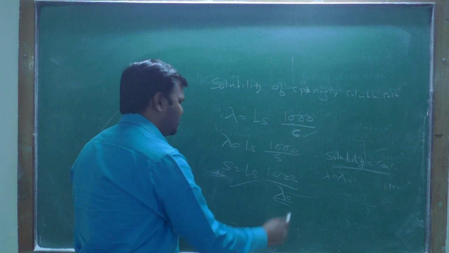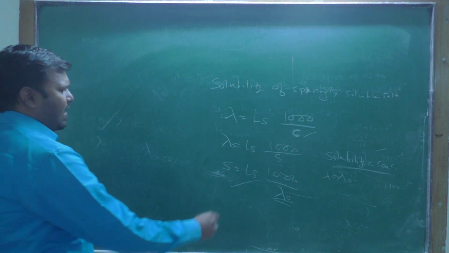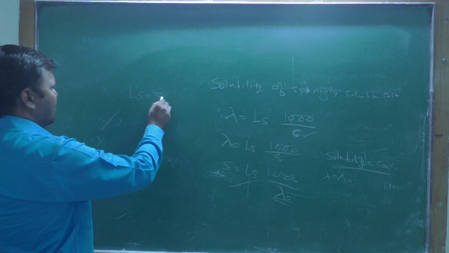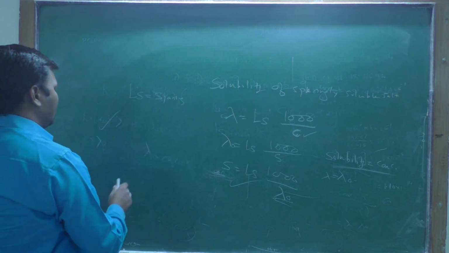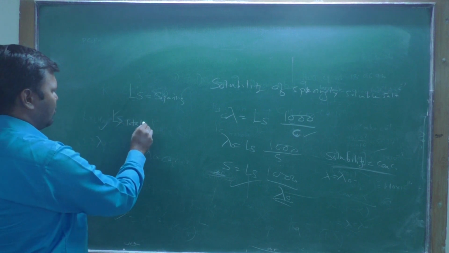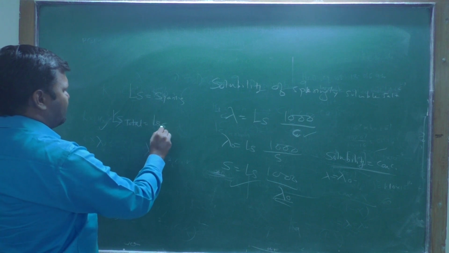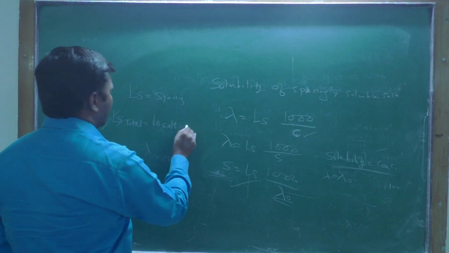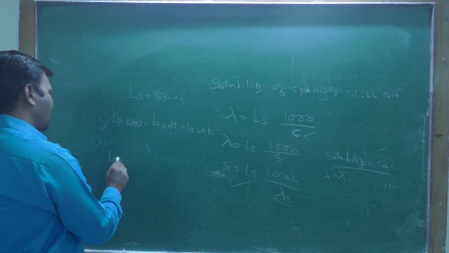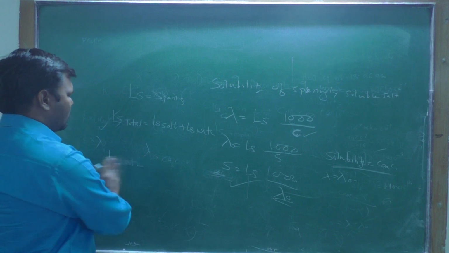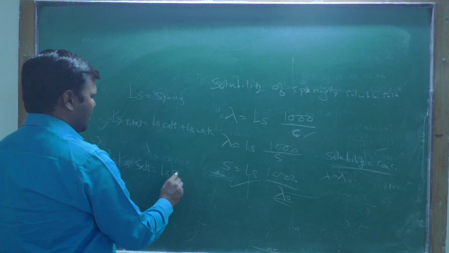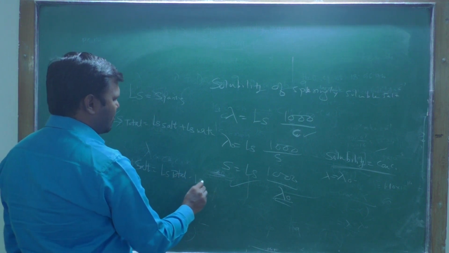By using this relation you can find out the solubility. The specific conductance LS for a sparingly soluble salt can be calculated as follows: the total specific conductance of the solution is equal to LS of the sparingly soluble salt plus LS of water. Therefore LS of the salt is LS total minus LS of water.